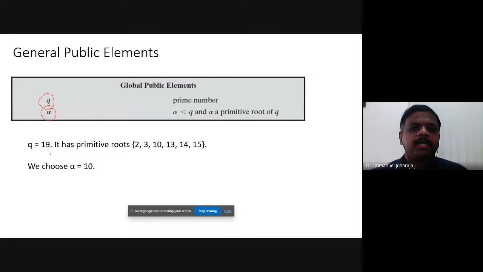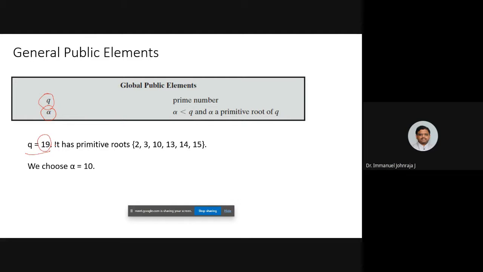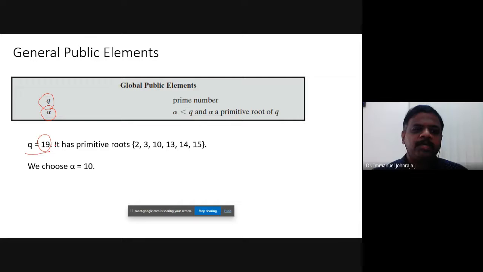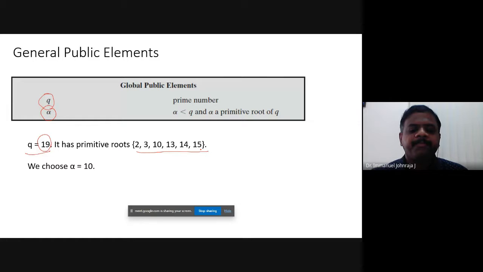All right. So in our example, q is chosen as 19. 19 is a prime number, and it has primitive roots 2, 3, 10, 13, 14, 15. These are all the primitive roots of 19, and I have taken this from your textbook, right?